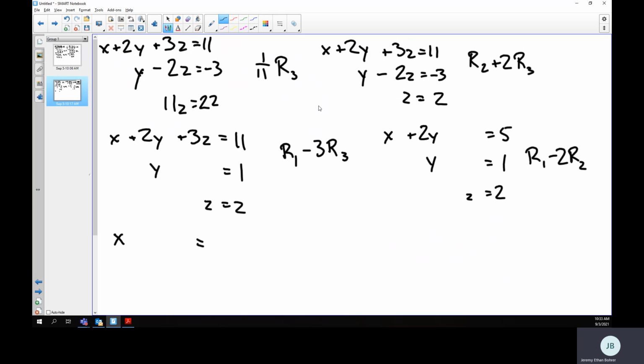And then we have 2 times 1, subtract that from 5, and we get 3. So x equals 3, y equals 1, and z equals 2. And there is our solution. We could write it as the ordered triple (3, 1, 2) as well.